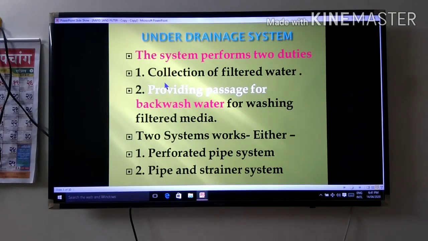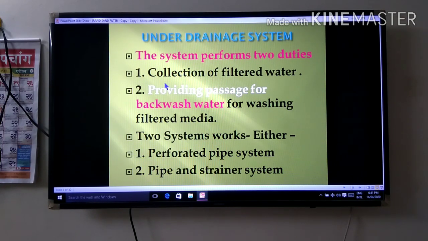Under the drainage system, the system performs two duties. First, collection of filtered water, that is, we have to collect the filtered water through this drainage system. This filtered water is collected through a central pipe, which is called a manifold.